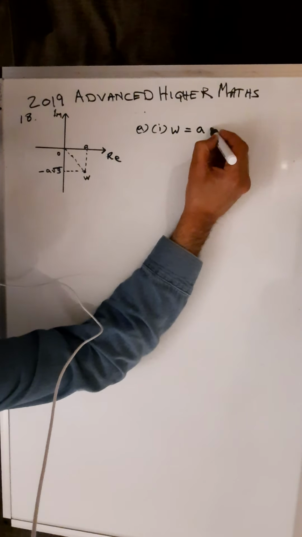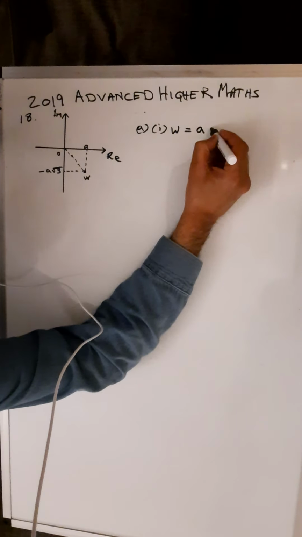You've got a here and you've got minus a root 3 there. So this argument is the angle, this angle here. This angle is arctan of minus a root 3 over a, which is arctan of minus root 3 over 1.